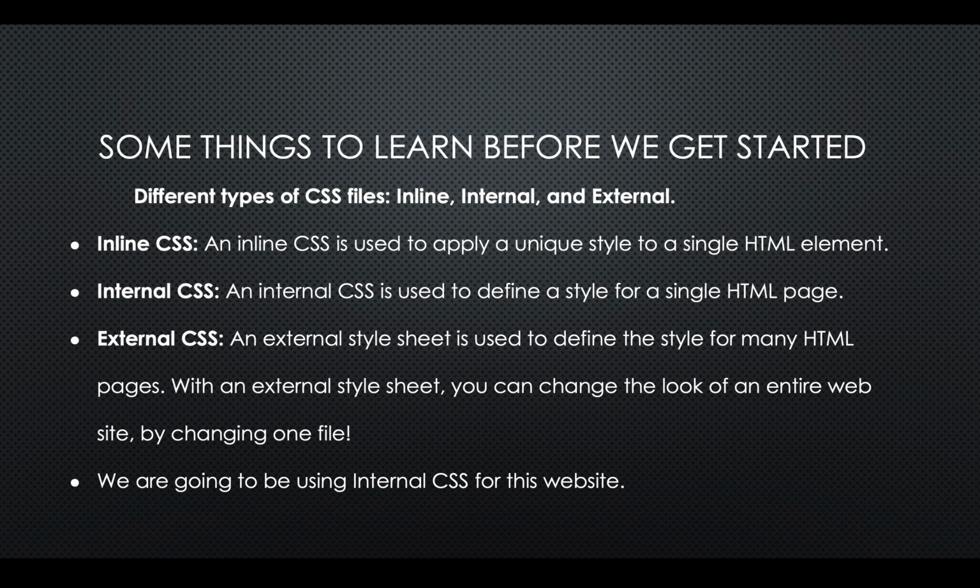So it is a separate file from your HTML page that you link back to your HTML page. So it will be two different files that you will have within a folder on your computer that you will link back to your HTML file, so that if there's something that you want to change, you don't have to go through your HTML file to change it; you have a separate file for that.